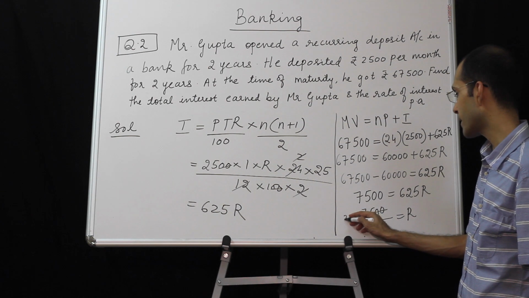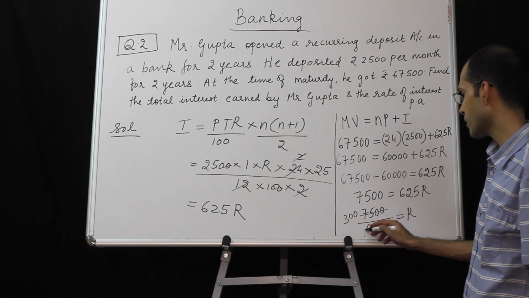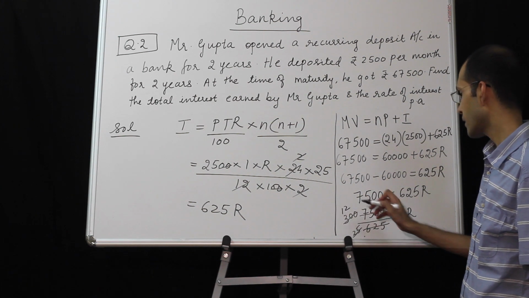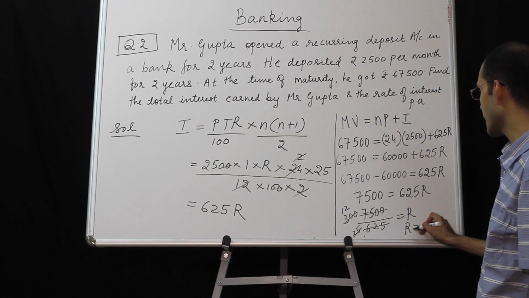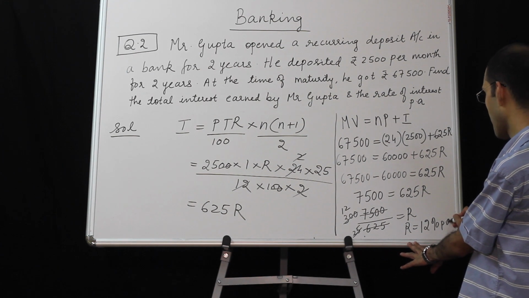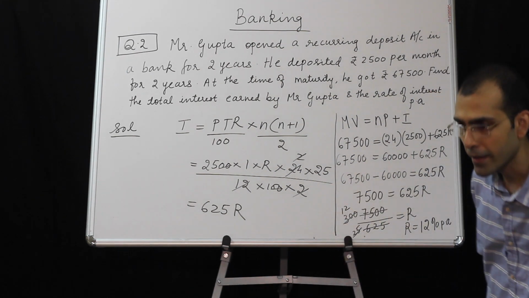Yes, 25 threes are 75, then 2 zeros, 25 25s are 625, 12s are 300. So R works out to be 12% per annum. But we are not yet done with the sum.